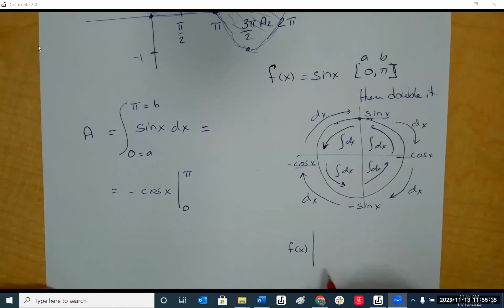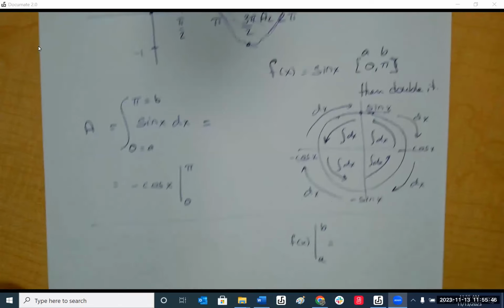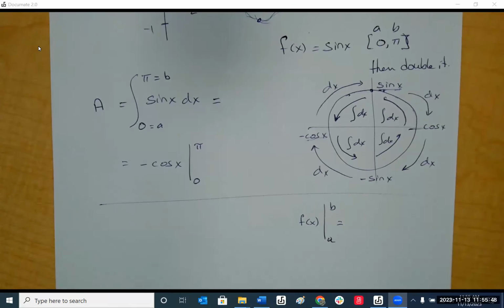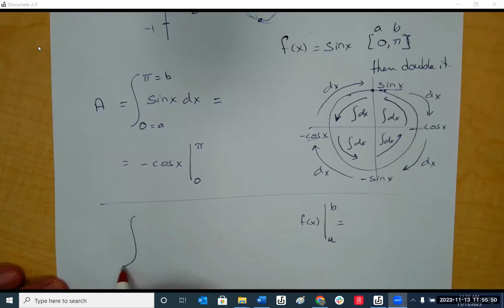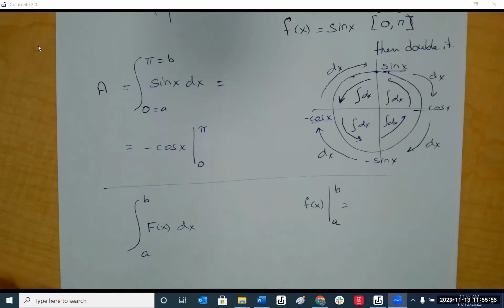Now, once you integrate something, here's the rule. I'm jumping over to section 3 or section 4. So basically, here's the shortcut of a rule for the integral.